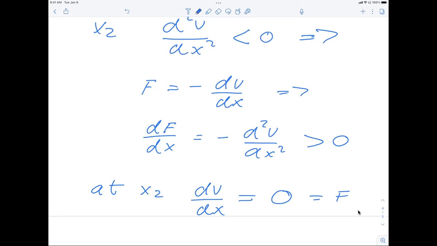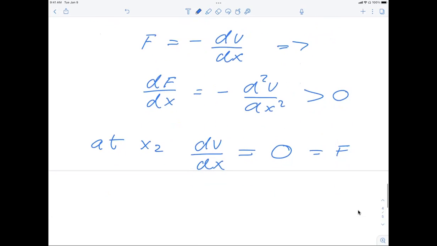However, dF/dx is larger than 0. So that means that the force changes and the system becomes a so-called, not a stable minimum, but an unstable minimum, because you can kick it down to one side or to the other side.